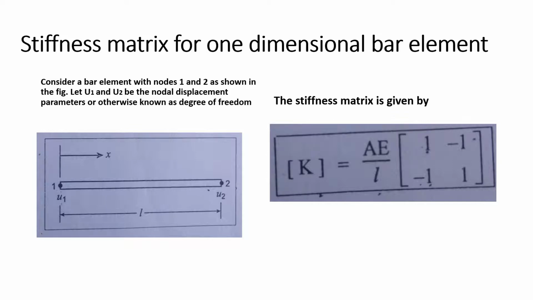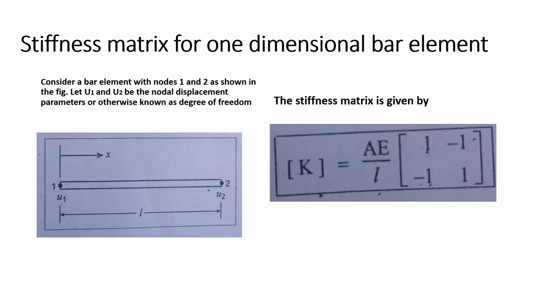To check whether the matrix satisfies the conditions of a stiffness matrix, what are the conditions of a stiffness matrix that we had studied earlier in another lecture? First condition was it should be a symmetric matrix. If you look at the matrix here, 1, minus 1, minus 1, 1, it is a symmetric matrix. If we exchange rows and columns, it remains the same.